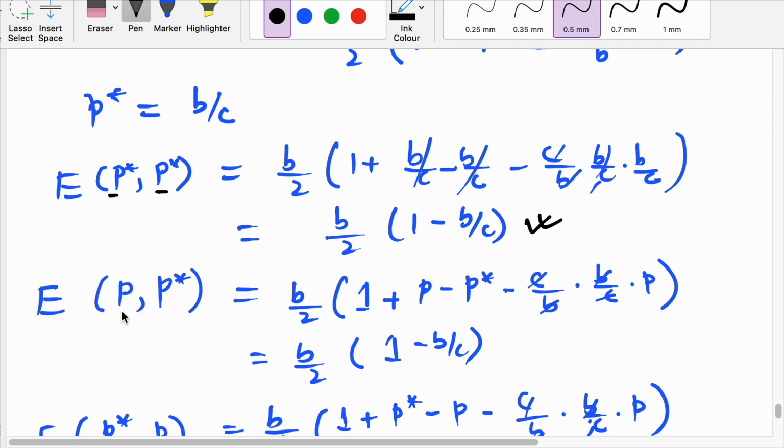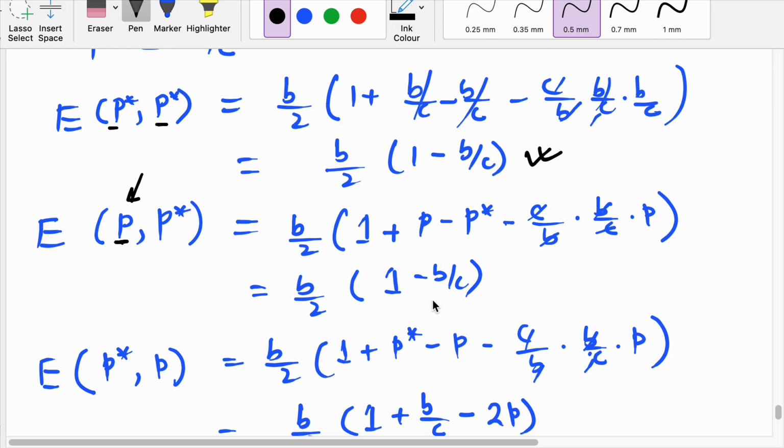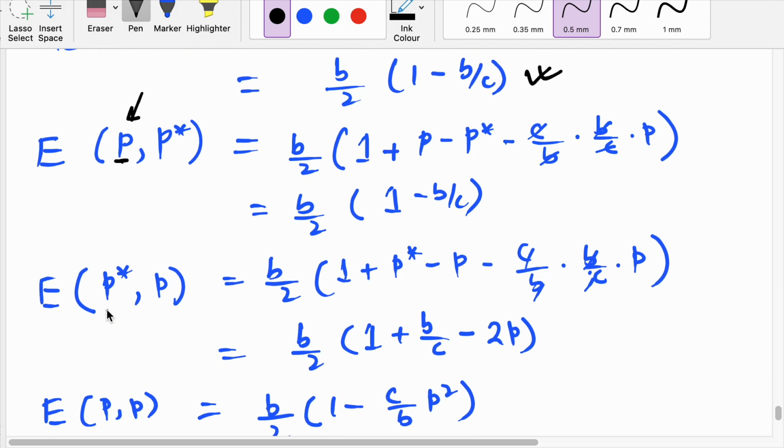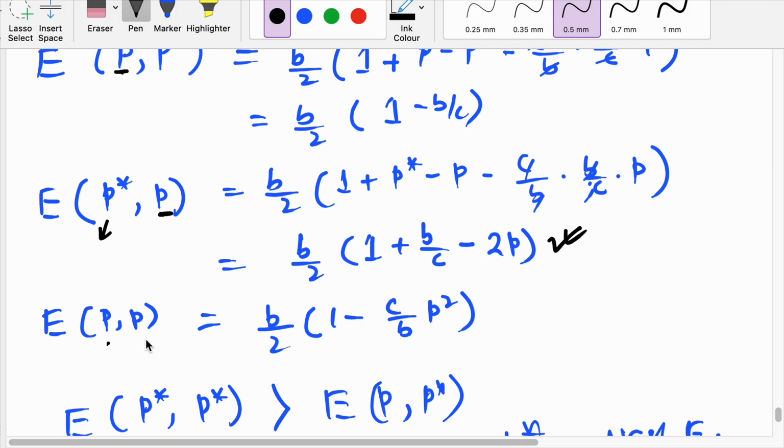And if a strategy that is not p plays against the p star strategy, it will get again the same amount of payoff. And if the p star strategy plays against any other strategy, it will get this much payoff. And if any other strategy plays against any other strategy, it will get this much payoff.